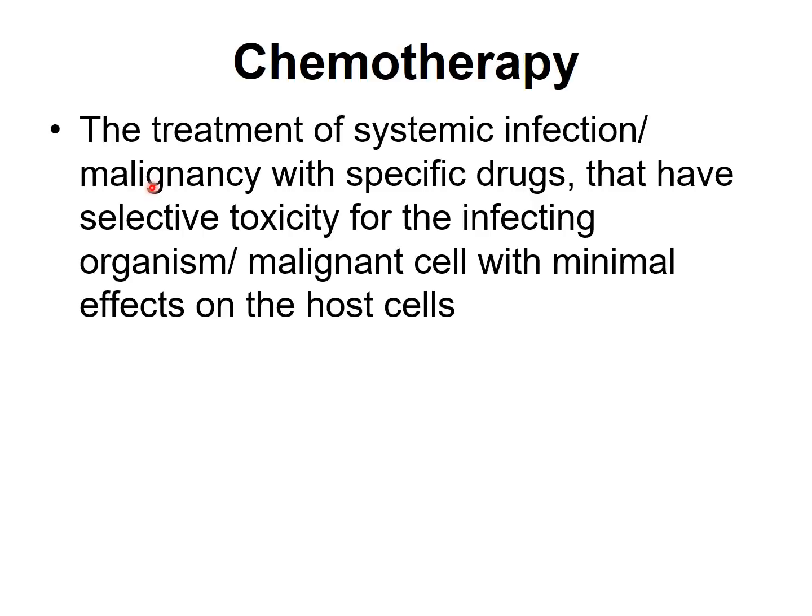Systemic infections, for example tuberculosis, HIV infection, leprosy, meningitis, respiratory tract infection, and urinary tract infection, all come under chemotherapy. So the antimicrobials like aminoglycosides, penicillins, and cephalosporins all come under chemotherapy. That is the difference between chemotherapy in the impression of the general population and in pharmacology.